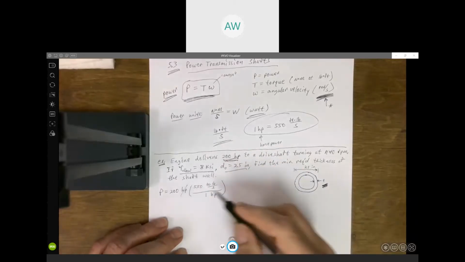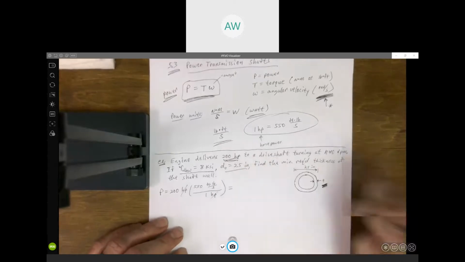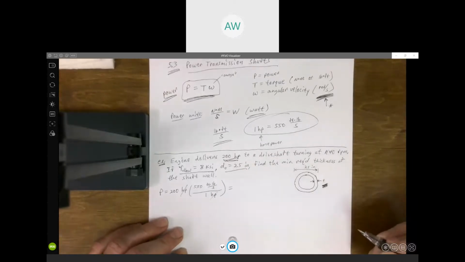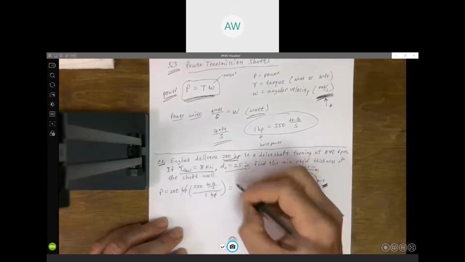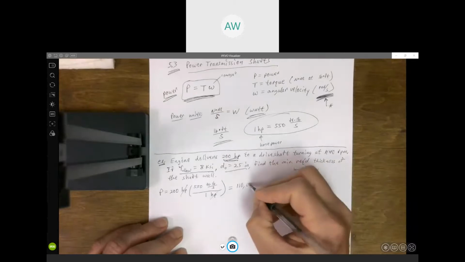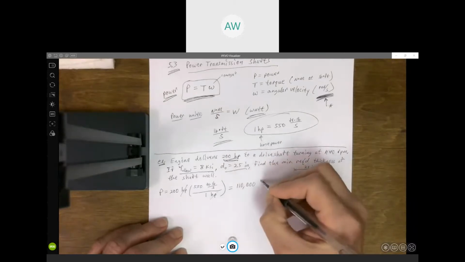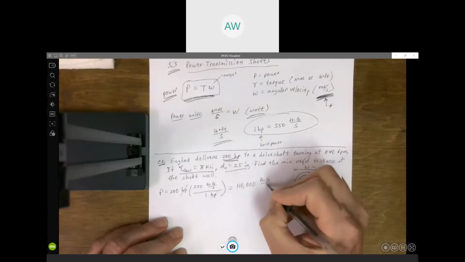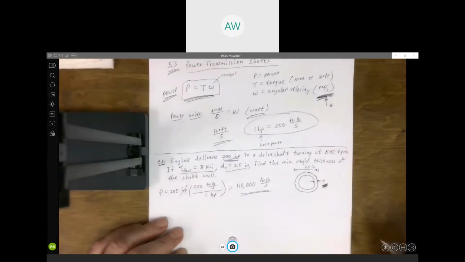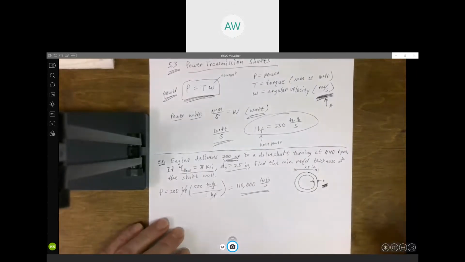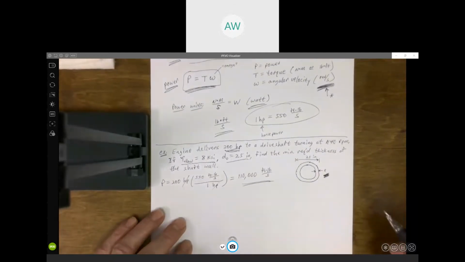So our horsepower cancel, and now we have the power in foot-pounds per second. It comes out to be 110,000. So that's what 200 horsepower is equivalent to.